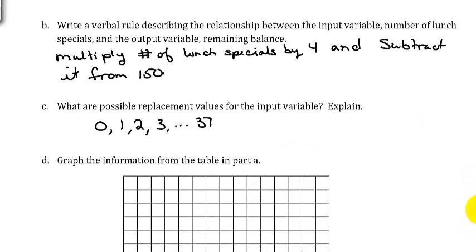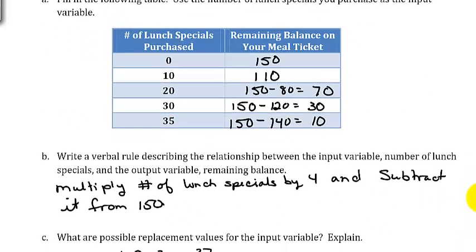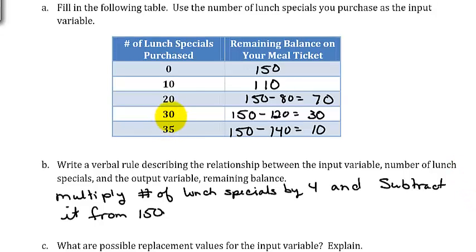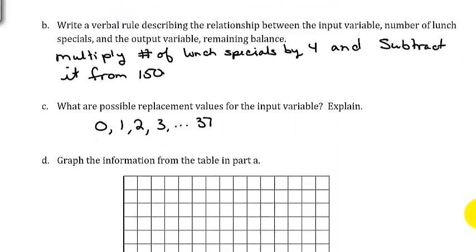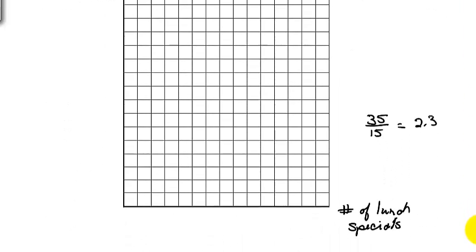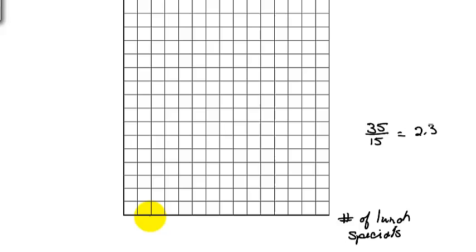And what did we go up by? Maybe we could do 5, that would be good. Or you could do 2.5 if you wanted.